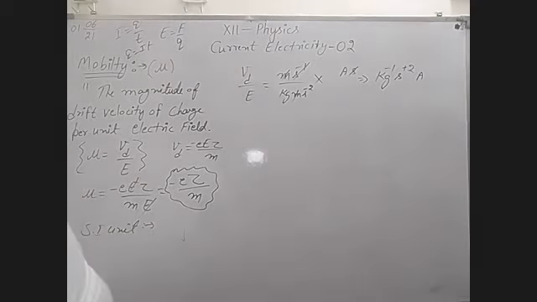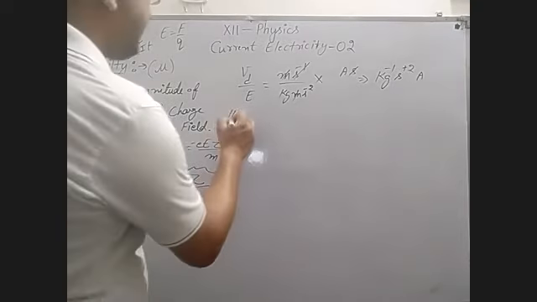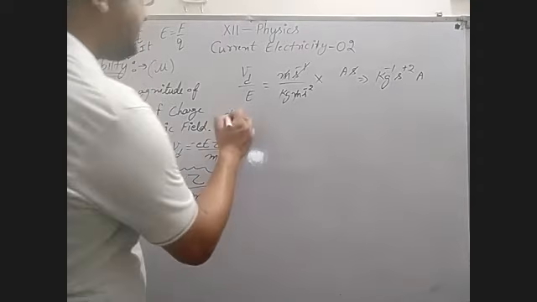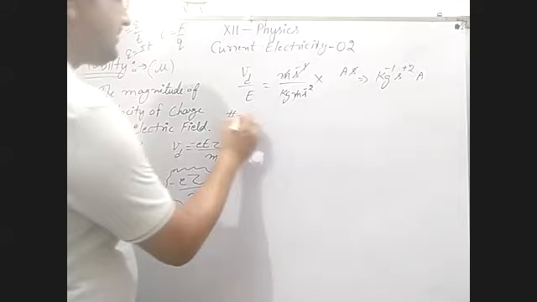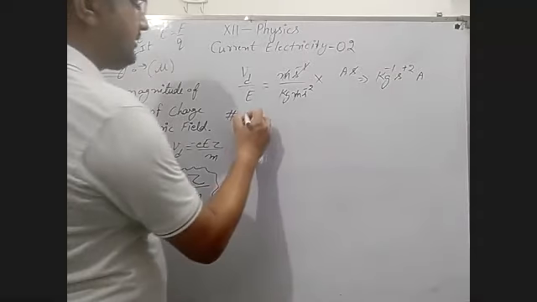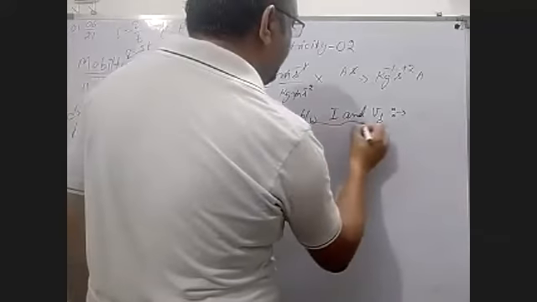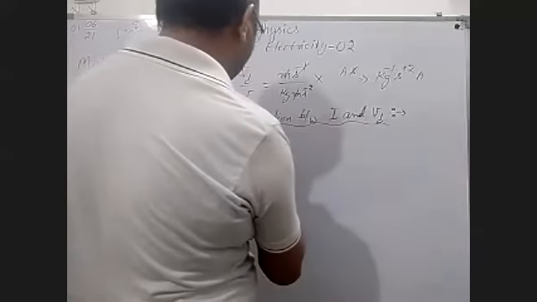Now the next topic is the relation between current and drift velocity. Very, very important relation.